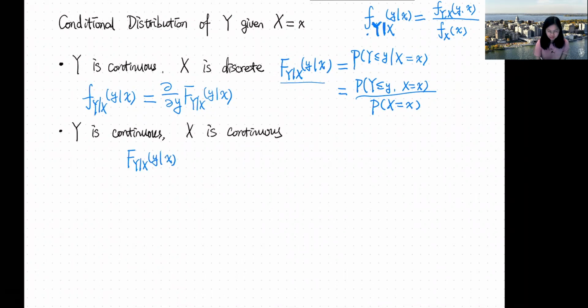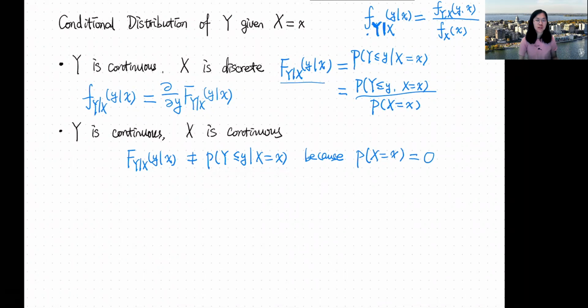It cannot be the probability that Y is less than or equal to little y given X equals little x, because this latter quantity is not well defined: the conditioning event has 0 probability. Then how do we define it?